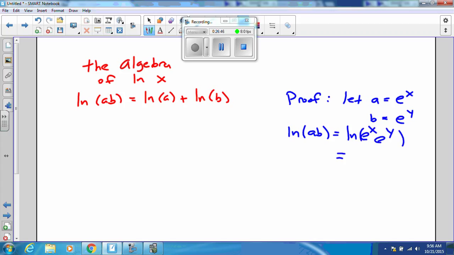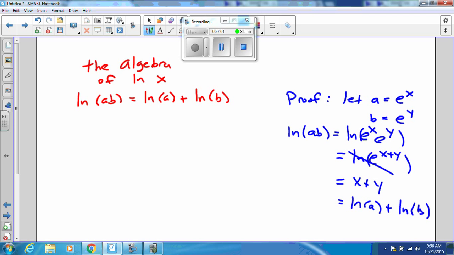And now using my exponential property, this is the same as natural log of e to the x plus y. And because the functions are inverses, they cancel. And I get x plus y, and x is ln a, and y is ln b, and we are done.